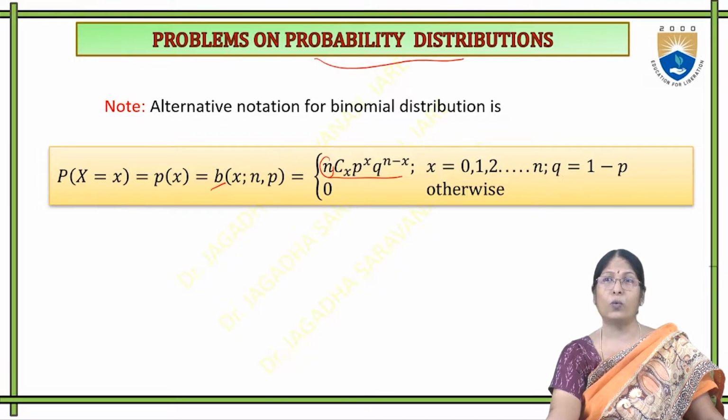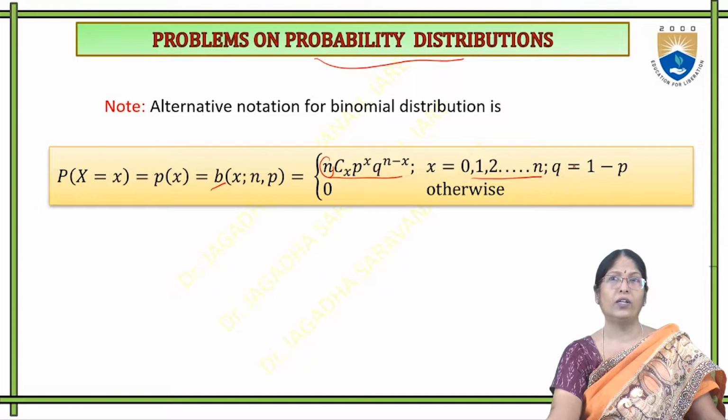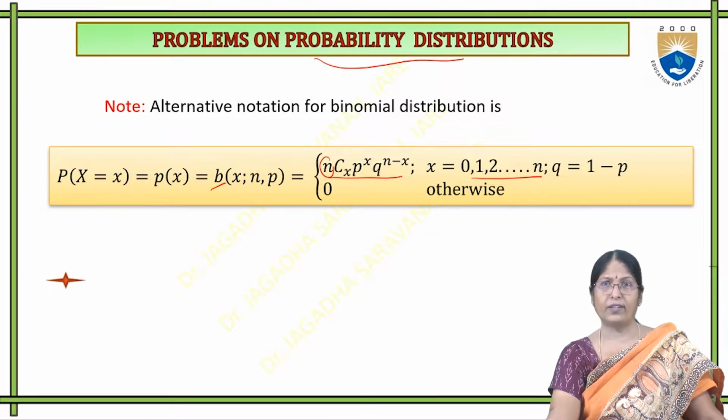X is the specific target, taking values from 0 to n, and Q equals 1 minus P. Throughout the binomial distribution, this is the formula we are going to use.